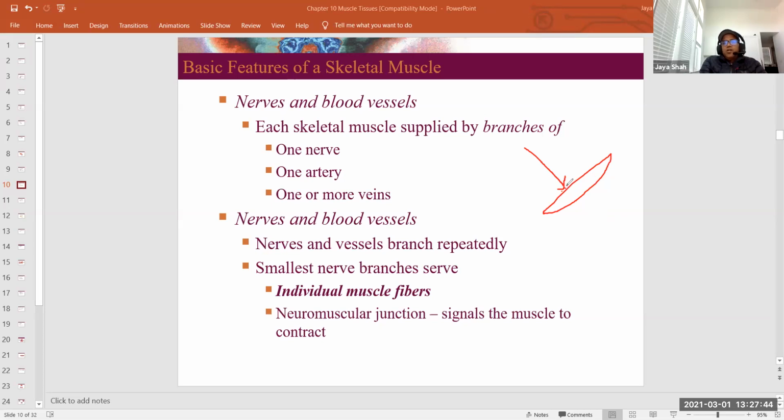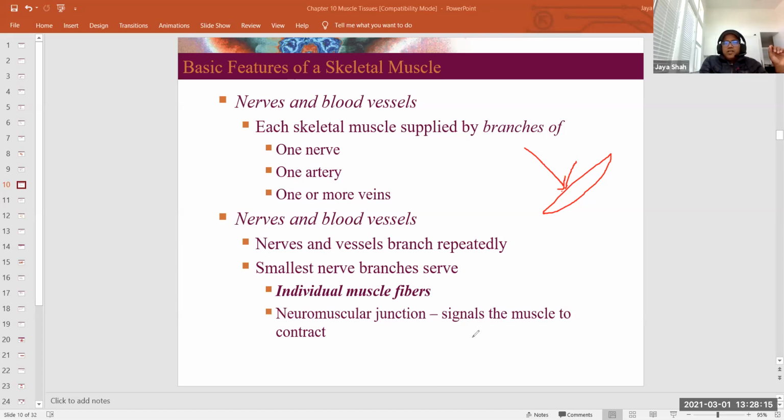This junction is called the neuromuscular junction. So each muscle cell in your body must be supplied by a neuron. It must be, otherwise it will not function. So the smallest nerve branch serves an individual muscle fiber, like this is an individual muscle fiber.